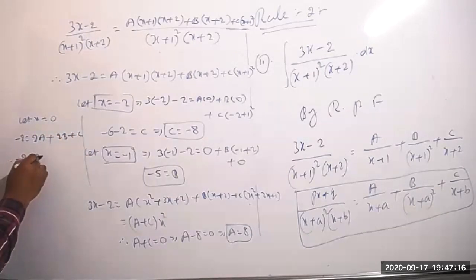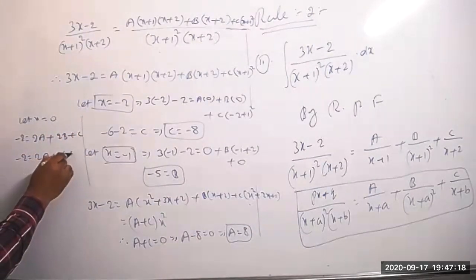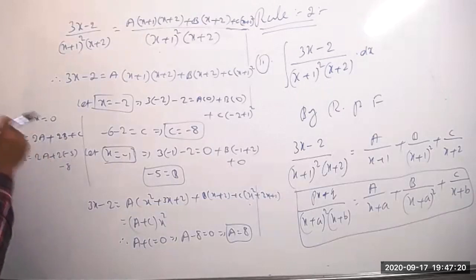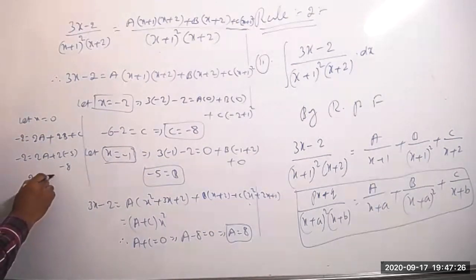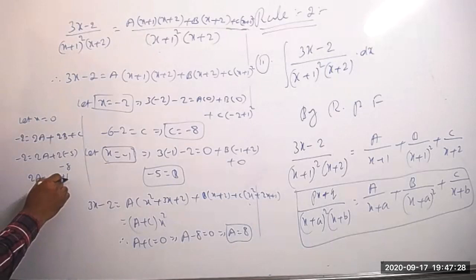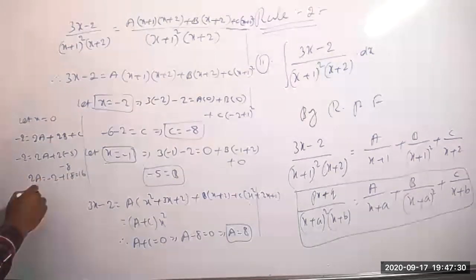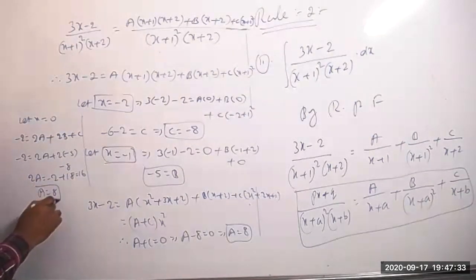So minus 2 equals 2a plus 2 into minus 5 and minus 8. You can simplify all the values. This is minus 18 on this side now. So therefore 2a equals minus 2 plus 18, which is equal to 16. So the value of a equals 8. The value of a equals 8. See, now we got the same thing.